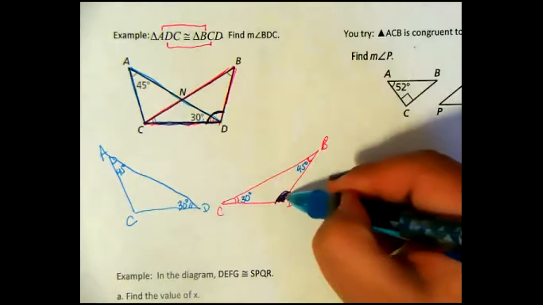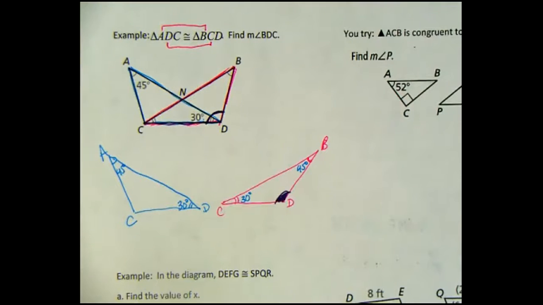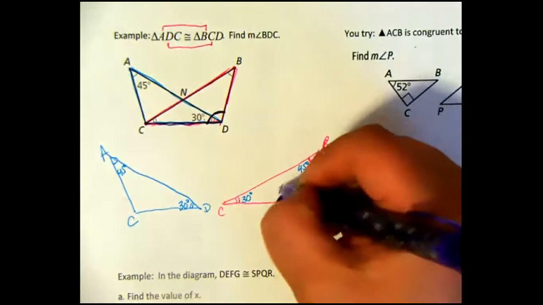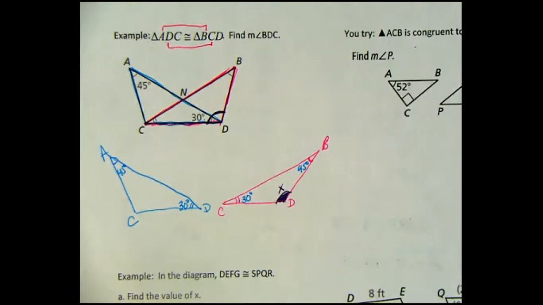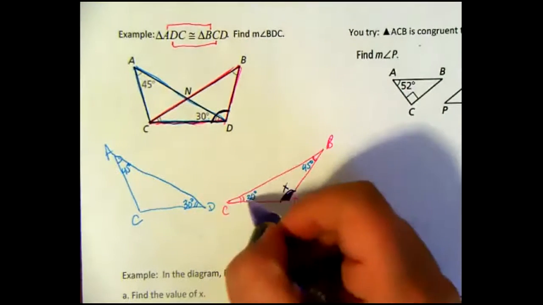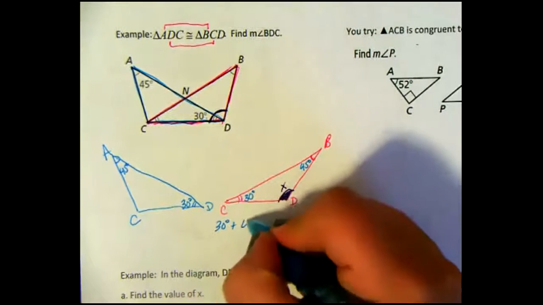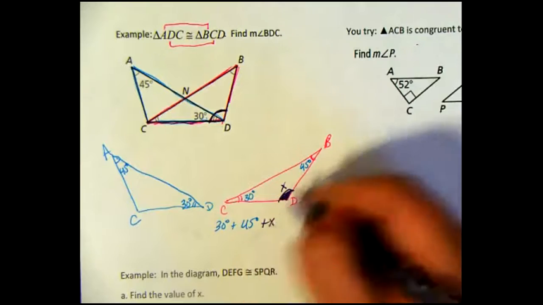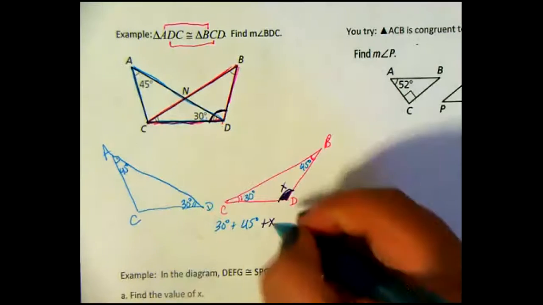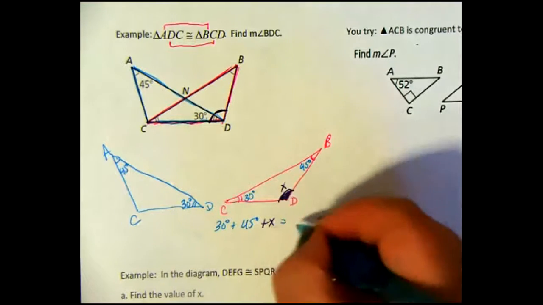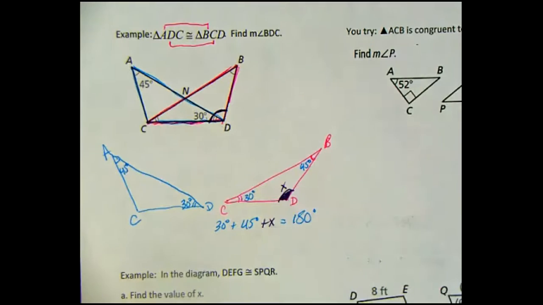So that just leaves this angle for me to find, which means I can use the triangle sum theorem. Let's call this guy X. So I have 30 degrees plus 45 degrees plus X. The triangle sum theorem tells me these three angles added together equal 180.